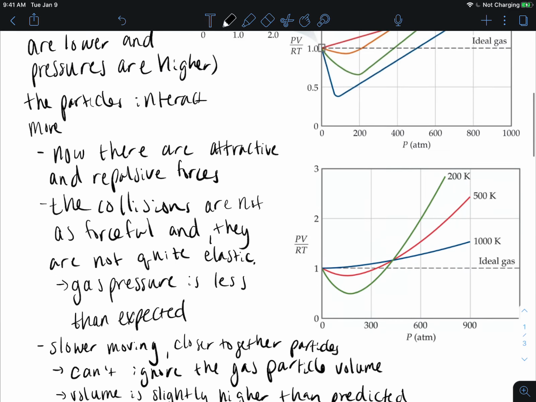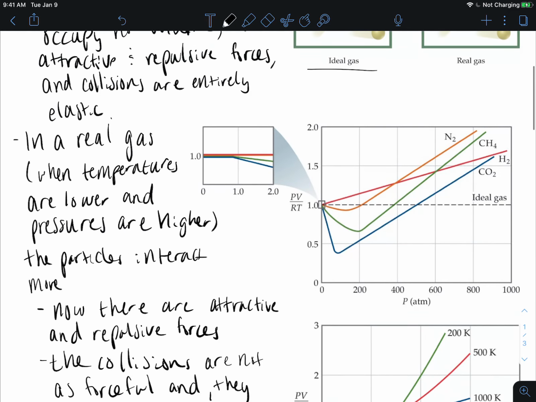We can look at this effect of pressure and temperature on our gas behavior through the following graphs. In the top one, we're looking at how pressure is going to affect ideality. This line is how an ideal gas will behave, and then we look at the pressure for actual gases.